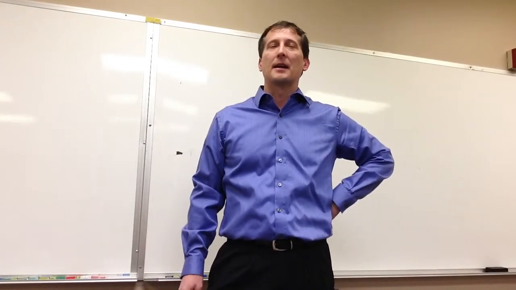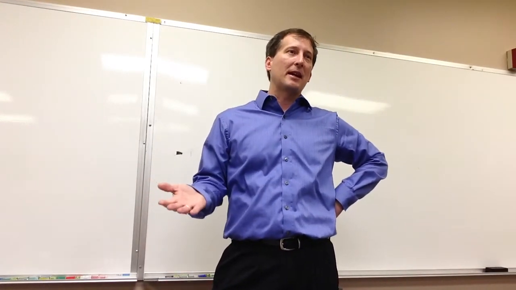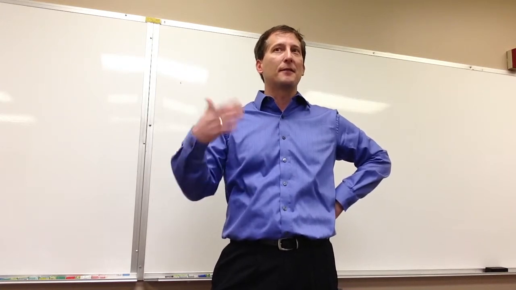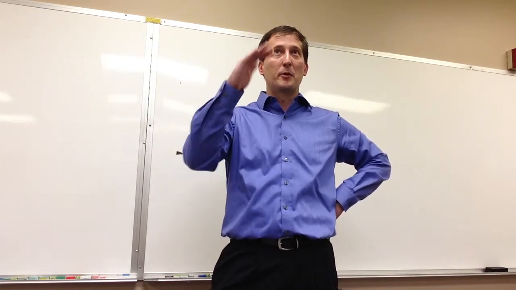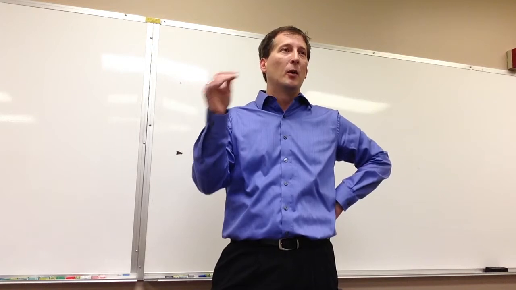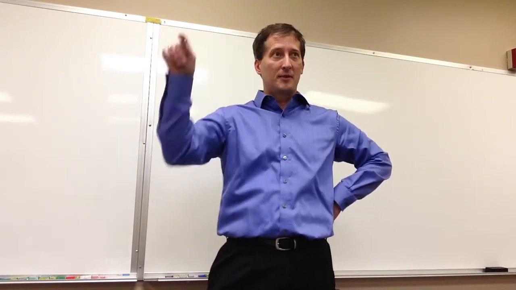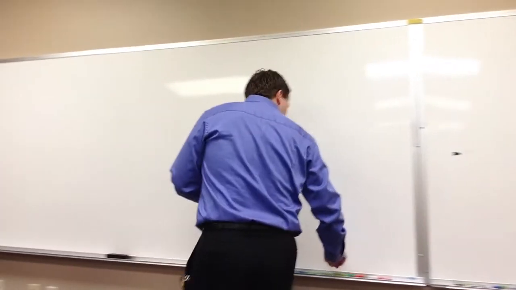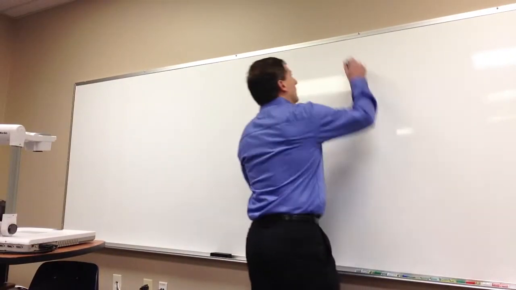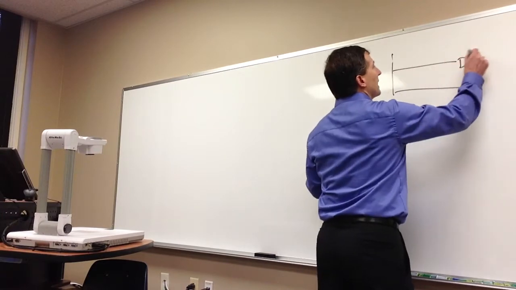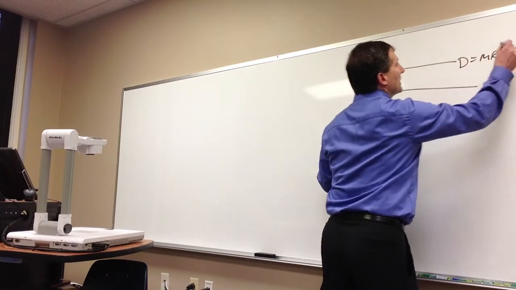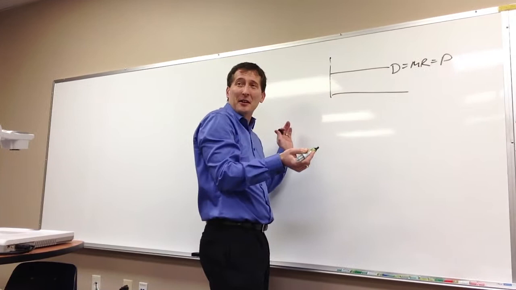So basically, what does that demand curve look like when the ceiling is effective? When we're effectively in the ceiling range, what does that demand curve look like? Perfect competition, right? So then you get the exact same results that we got with perfect competition. So for our representative firm, demand equals marginal revenue equals price, and we get that flat. So it's really no different.